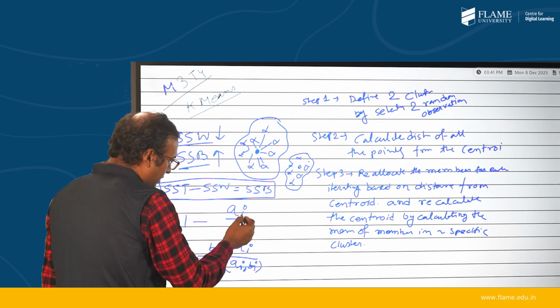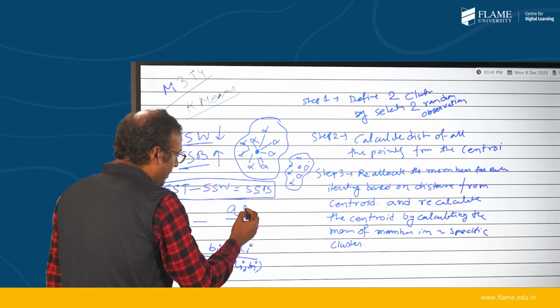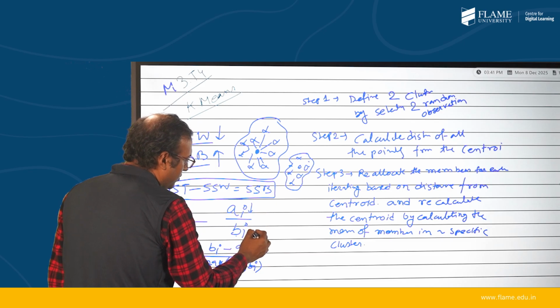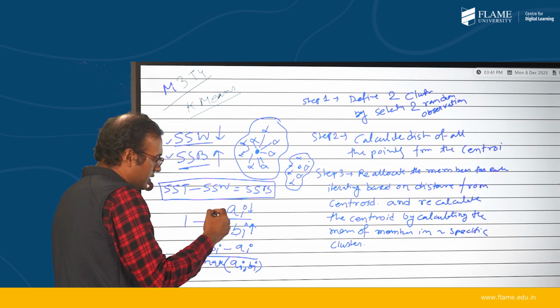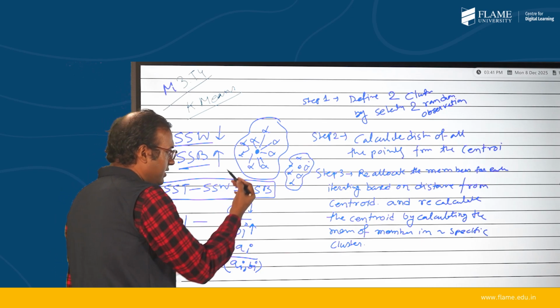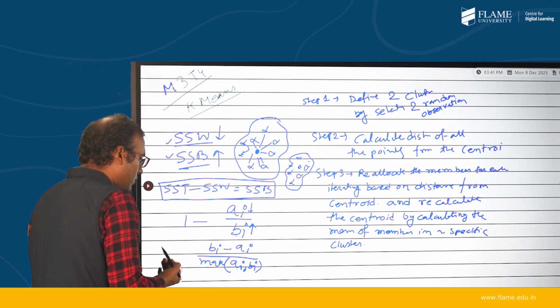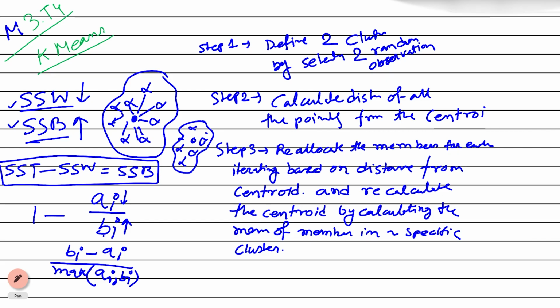Now if you check these values, ai should be a lower value and bi should be a higher value. So when you are evaluating an individual point in terms of the Silhouette score, a higher value is desired, because if ai is a lower value, then definitely the overall term will be decreasing, and 1 minus some decreasing value should increase.